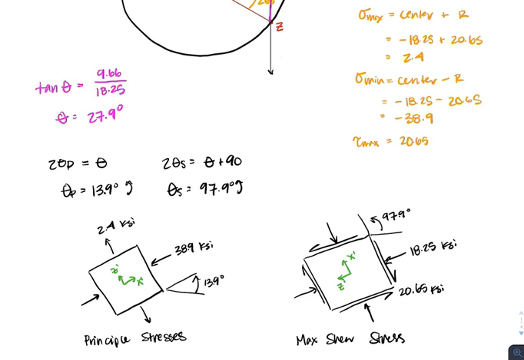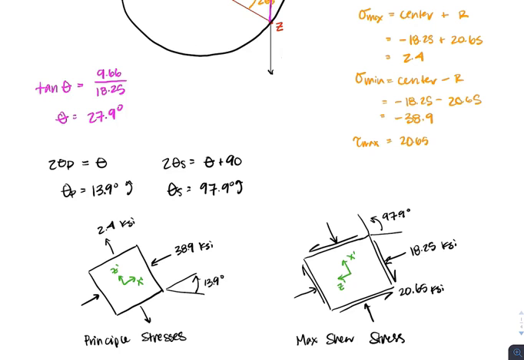And also we had to put on a normal stress of 18.25 ksi, because that's where the point of max shear also has a normal stress applied to it. So that would be the answer for the first 2 parts.